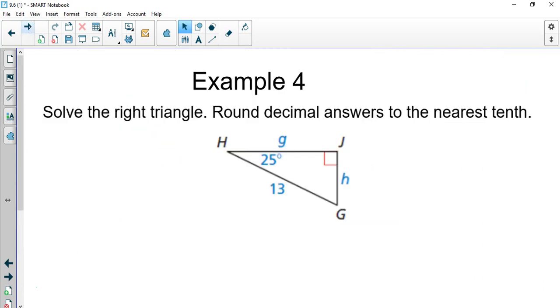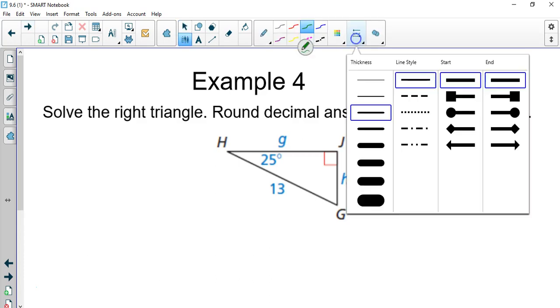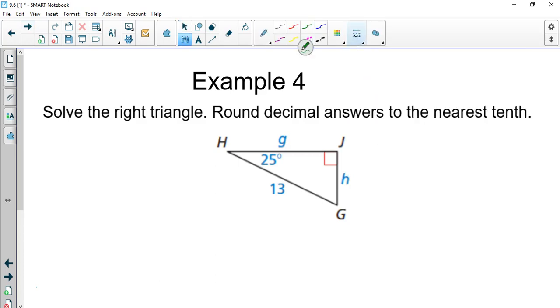Number 4, similar idea here, but this time we only have one side. But we do have an angle. So we're going to go the opposite direction. We're going to do sine of 25 equals h over 13.